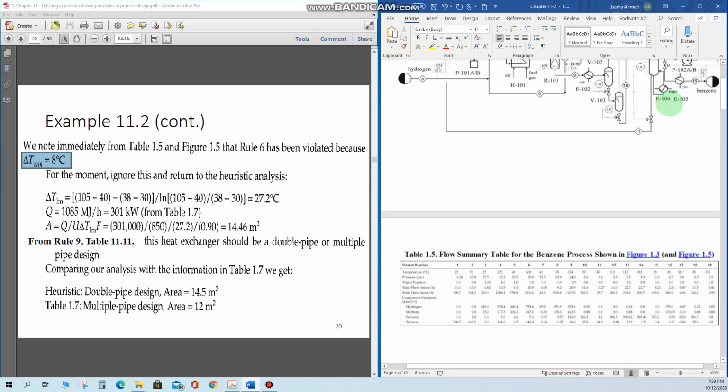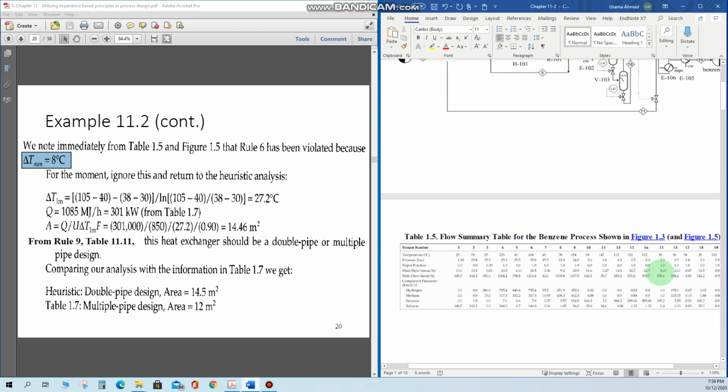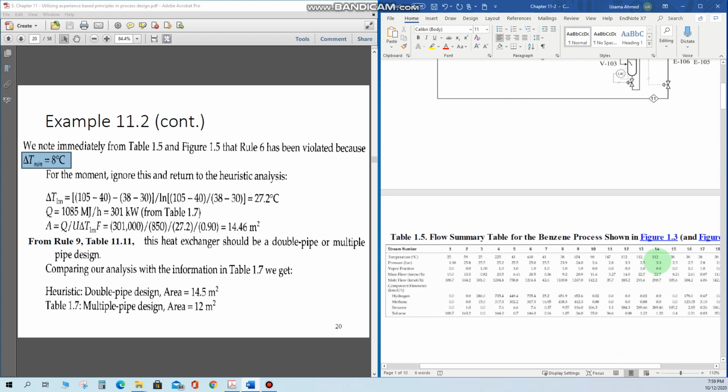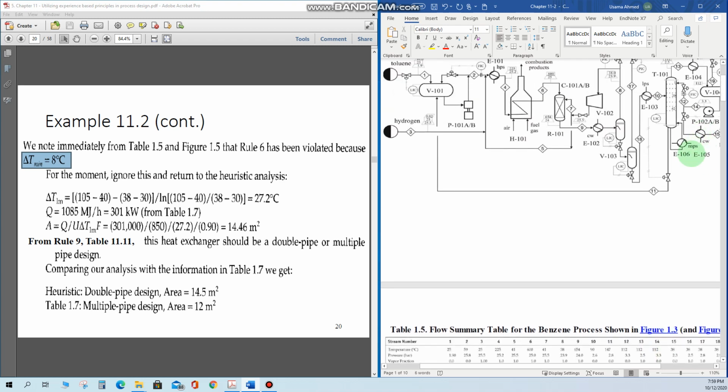So the stream that is coming here is stream number 15, and this one is maybe 14. And if you look at the numbers here, for the 14th stream the temperature is 112, and it is being cooled with the cooling water.